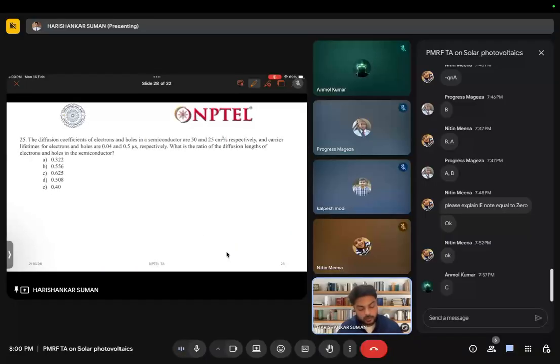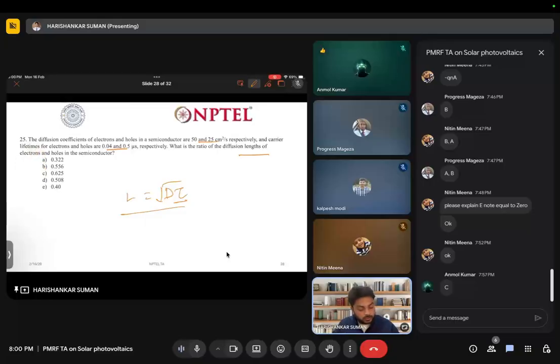Okay, next question. The diffusion coefficients of electrons and holes are given, and the respective carrier lifetimes of electrons and holes are also given to you. The ratio of the diffusion lengths is asked. The diffusion length is the square root of D and tau, the diffusion coefficient with the carrier lifetime.